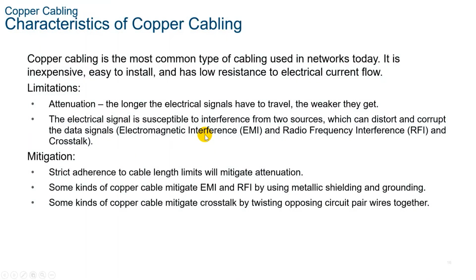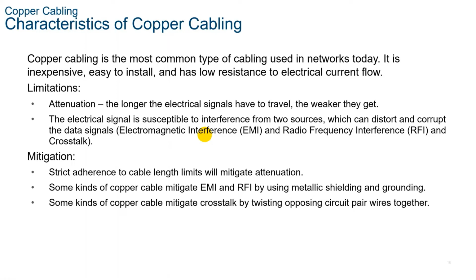Okay, so let's talk about copper cabling now. The characteristics of copper cabling: copper cabling includes coaxial cable, STP, and UTP. These are all copper. Copper cabling is the most common type of cabling used in networks today.